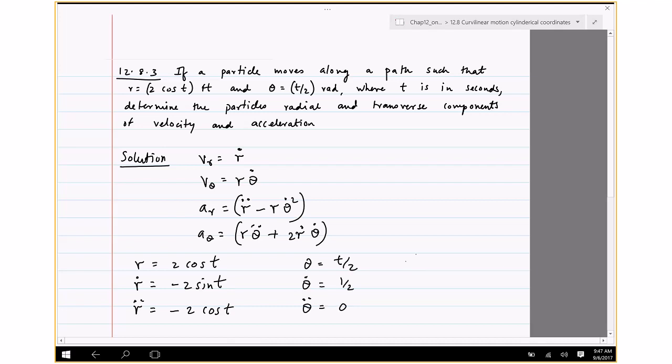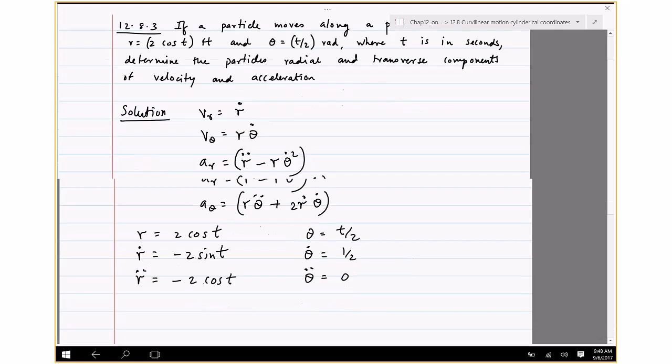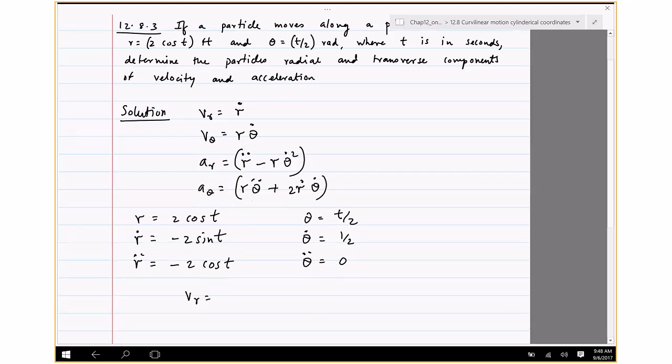So VR is r dot, which is minus 2 sine of t. V theta is r times theta dot, so 2 cosine t times half, which is just cosine t.